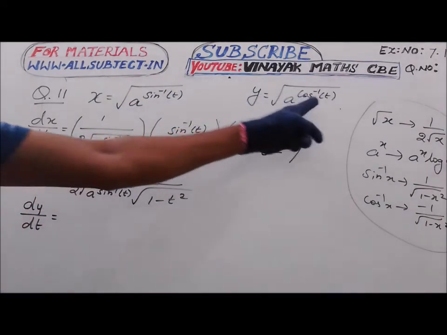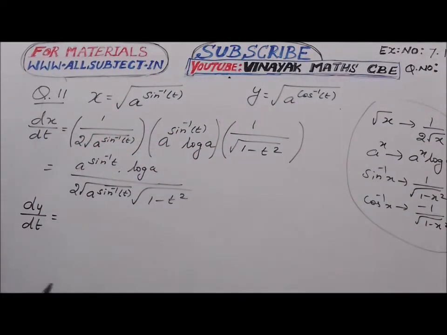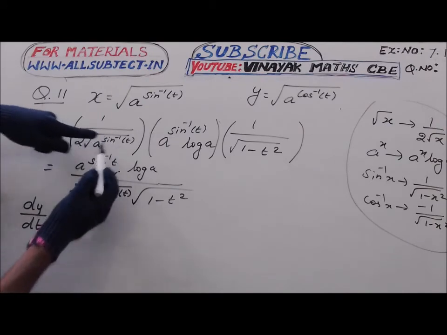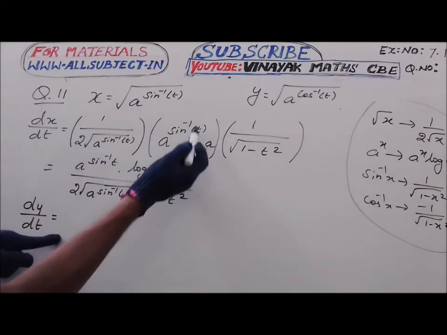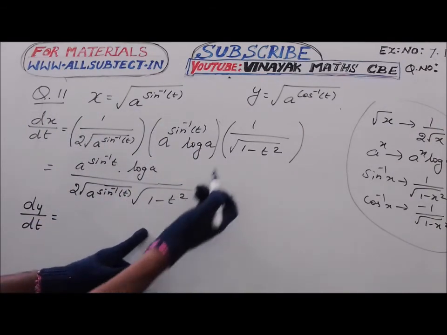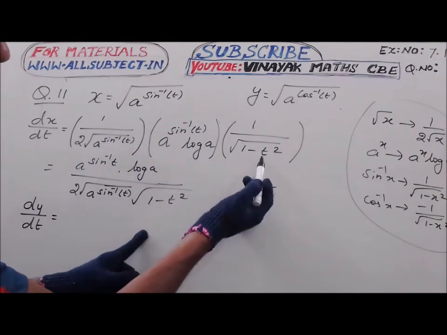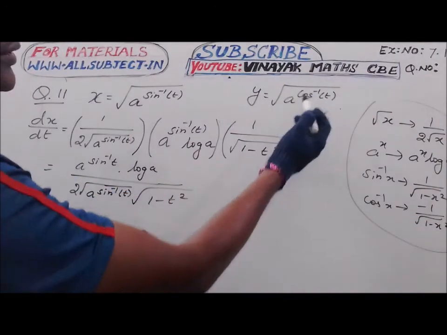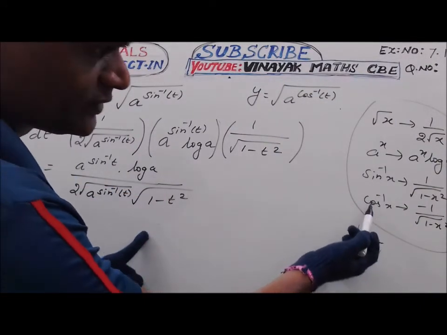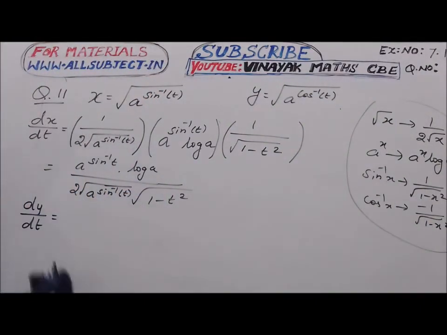Instead of sine inverse we have cos inverse. Here sine inverse is present, here cos inverse is present. And the last term, derivative of sine inverse is 1 by root of 1 minus t square. Here we have cos inverse t. Derivative of cos inverse x is minus 1 by root of 1 minus x square.